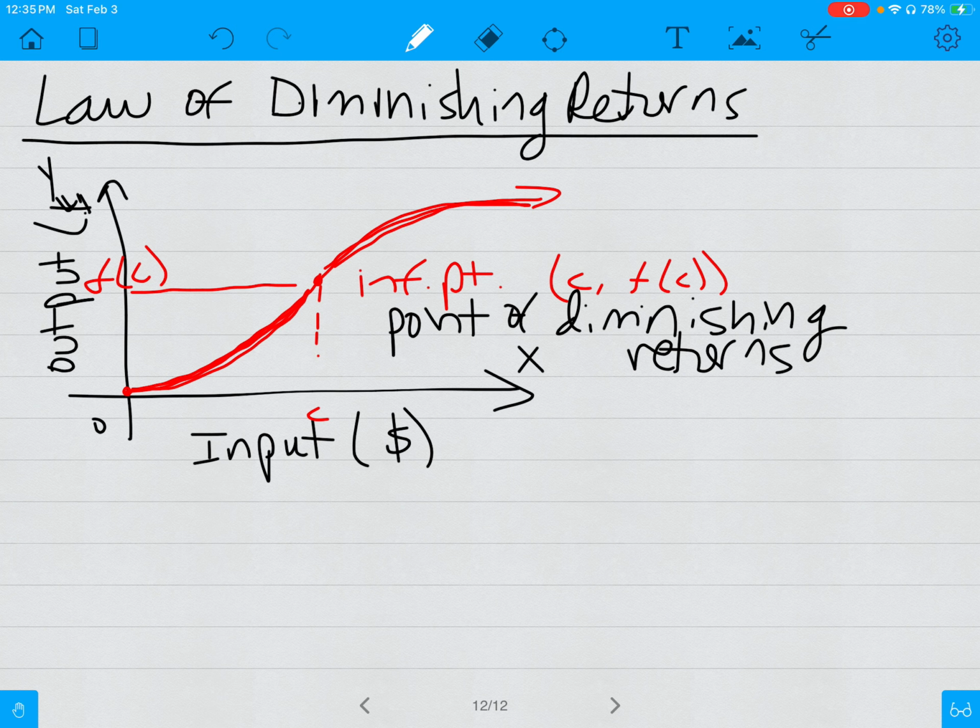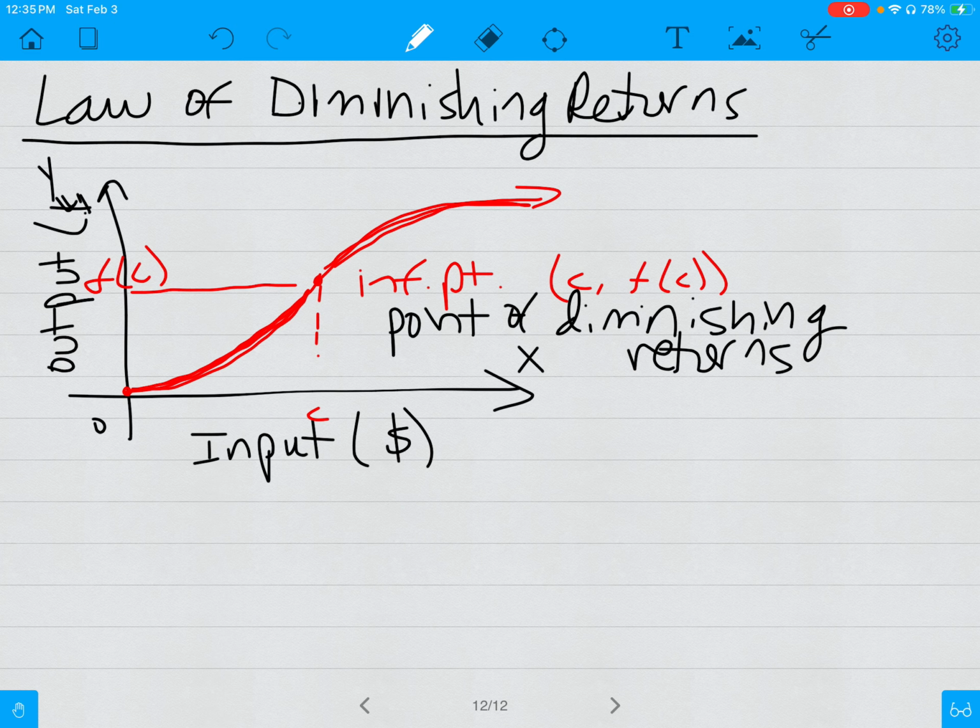Okay, the point of diminishing returns. So if we invest beyond that value C, it's not considered a good use of our capital. It's not a good use of our investment. We wouldn't want to do that. So identifying that inflection point is an important thing to be able to do in the field of economics.